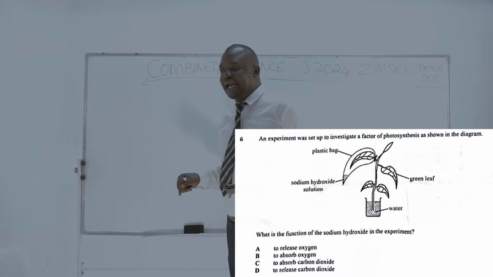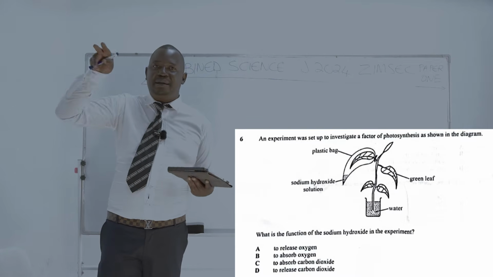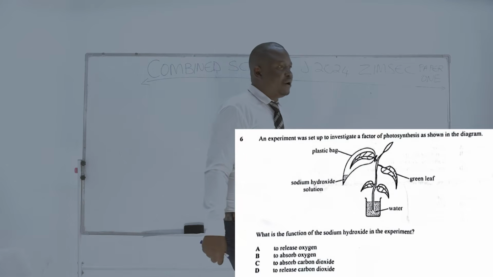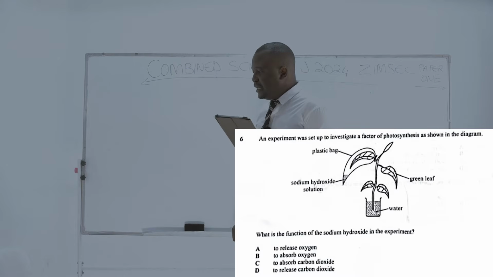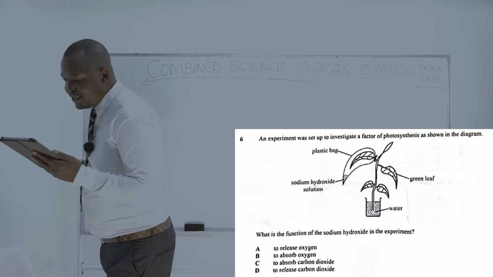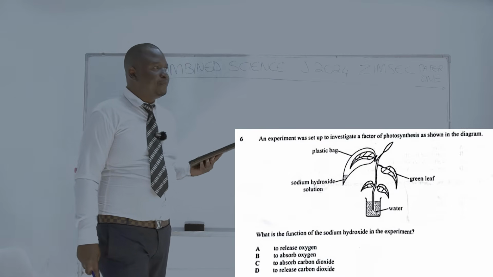Because carbon dioxide is a gas, it enters through the stomata, goes to the palisade mesophyll cells, then biochemical reactions take place there that produce oxygen and carbohydrates. So the plastic covering means we are avoiding carbon dioxide. Then inside they put NaOH, sodium hydroxide solution.